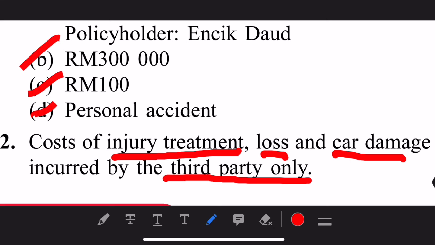Also the car damage incurred by the third party is covered. That means the person does not have to bear the expenses for repairing the car. The insurance company will help to repair the car. This is quite interesting, right?